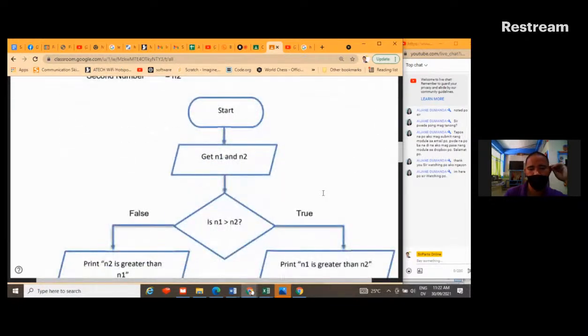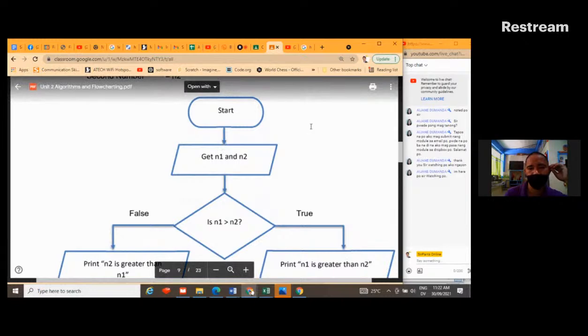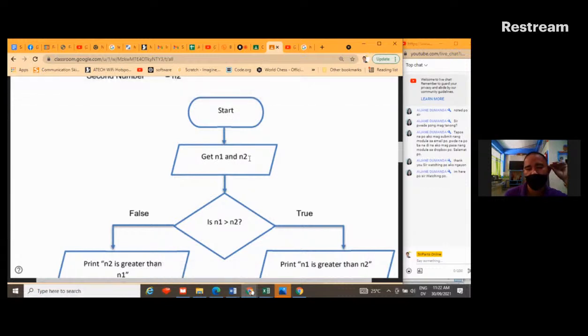When creating a flowchart, the first thing you do is draw this symbol and write Start. You can also use the word Begin. Then you have Get N1 and N2. This is an input and output symbol, but in this case we are using it for input.